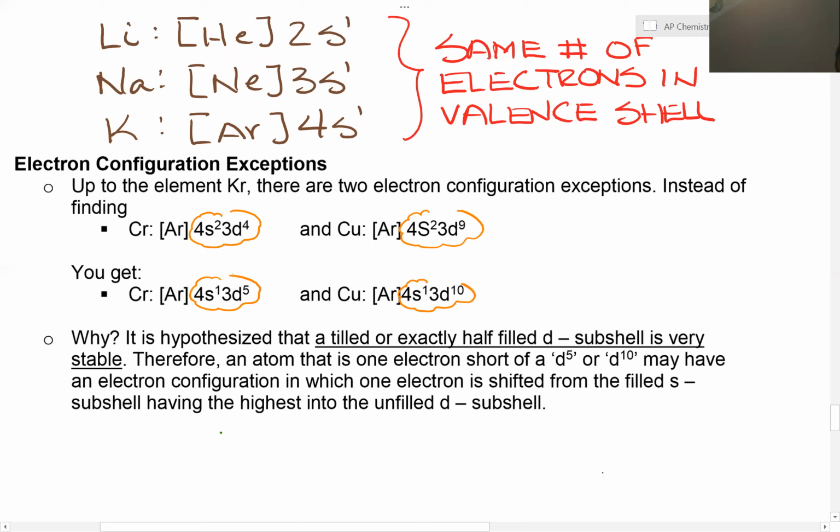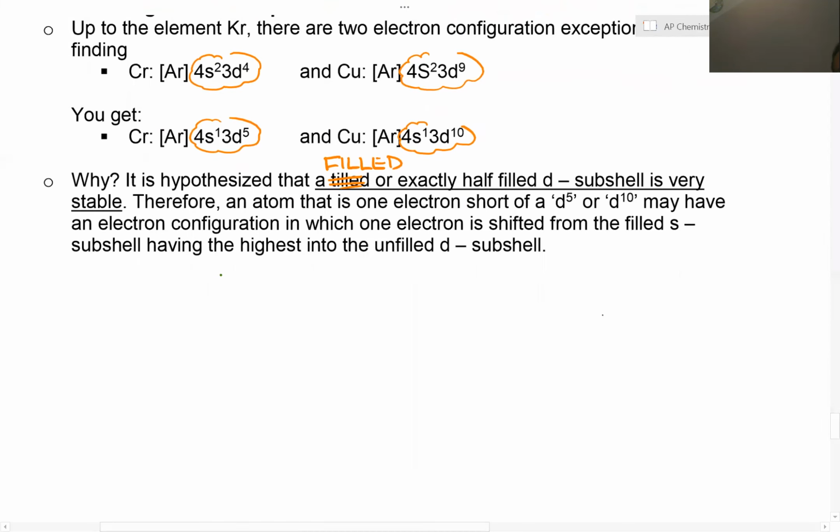It's hypothesized that a filled or exactly half-filled d subshell is very stable. Therefore, an atom that is 1 electron short of a d5 or d10 may have an electron configuration in which 1 electron is shifted from the filled s subshell into the unfilled d subshell.